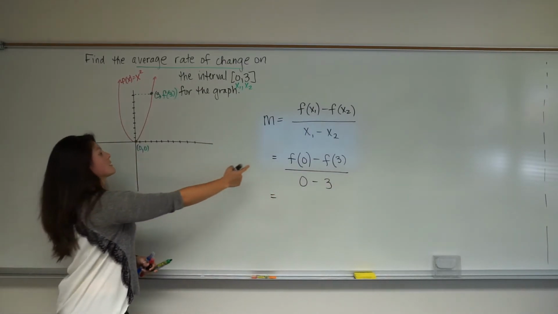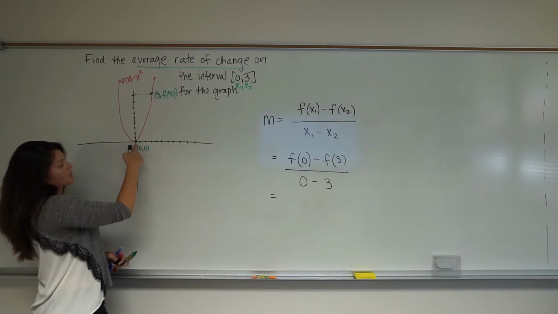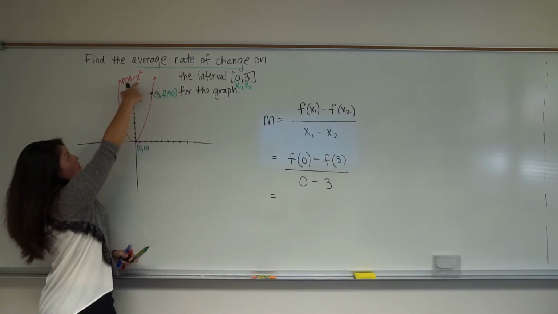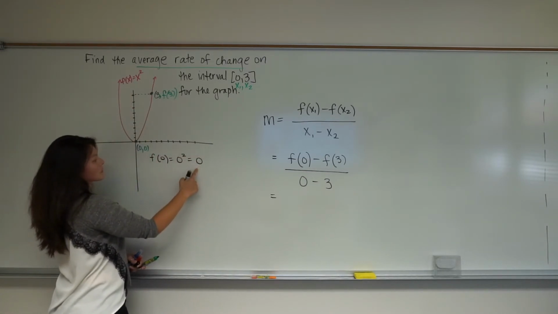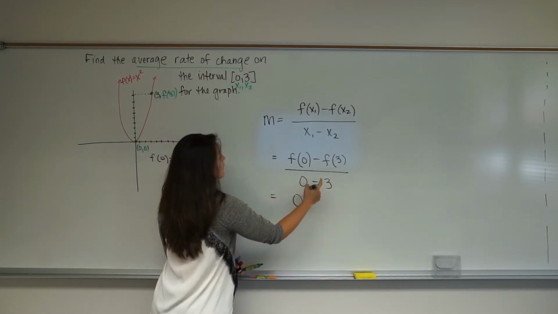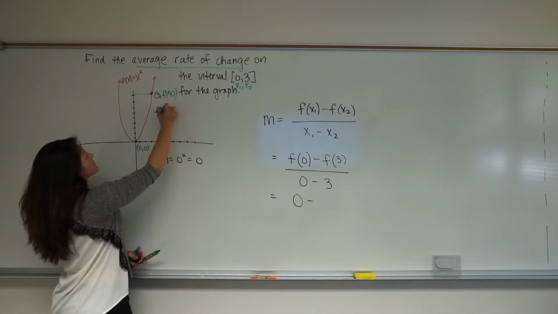And now f of 0 is 0. You can either see that it's at the origin, or plug in 0 to your function. f of 0 equals 0 squared, which equals 0. And f of 3, let's plug in 3 to f of x.